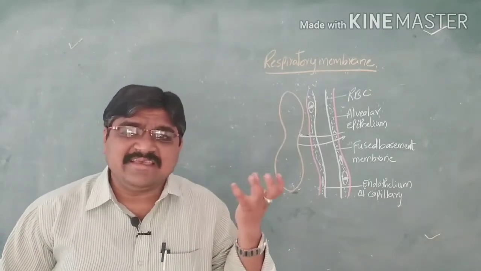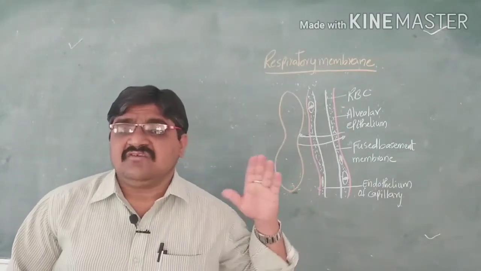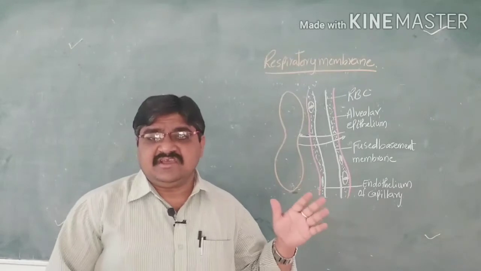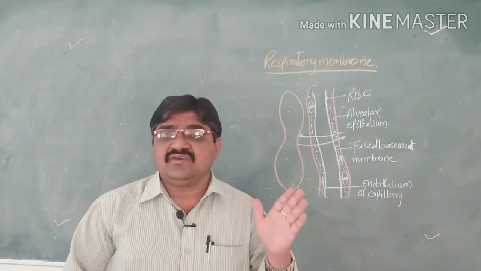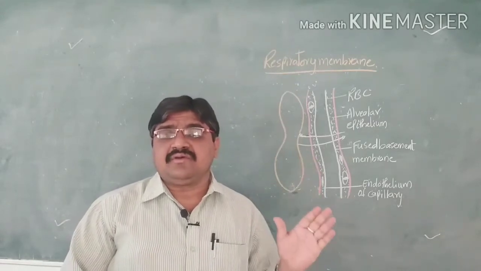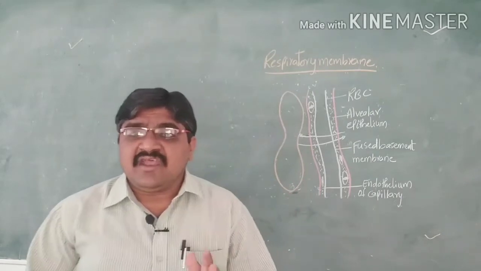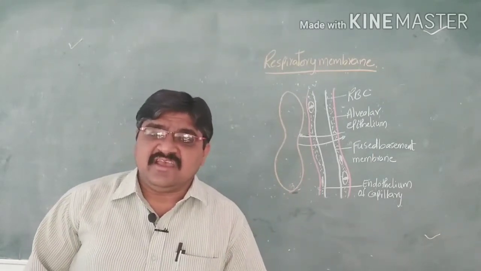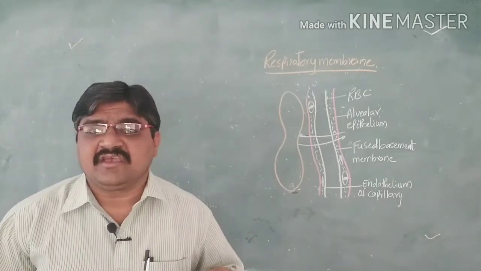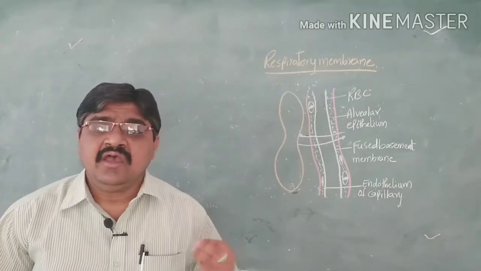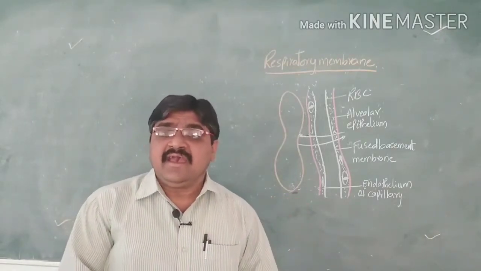When volume increases, the pressures decrease: atmospheric pressure 760 is converted into 756, and intrapleural pressure decreases from 756 to 754, so air rushes into the body. This process is called inspiration, and it continues until equilibrium with atmospheric pressure is reached.